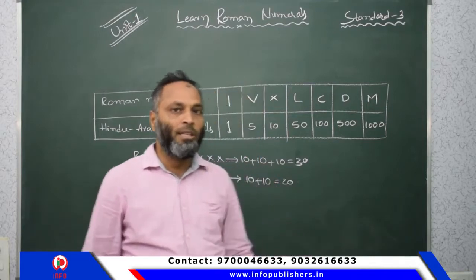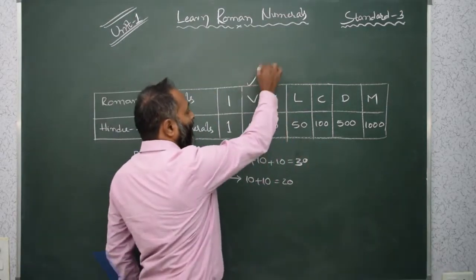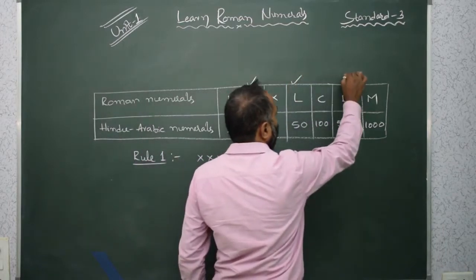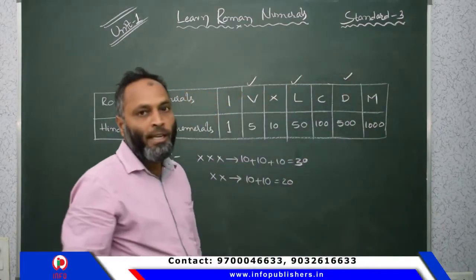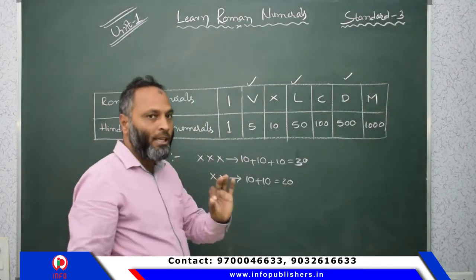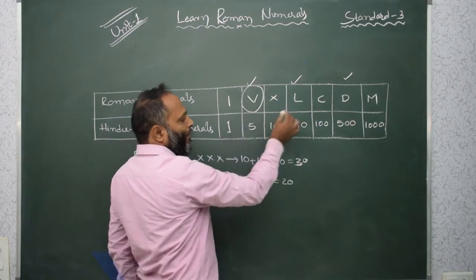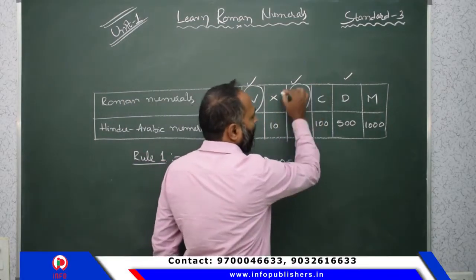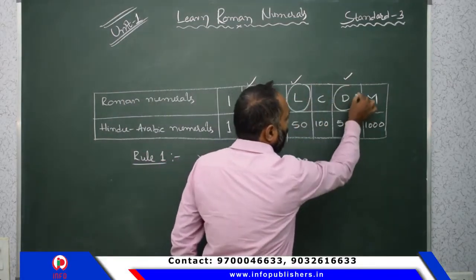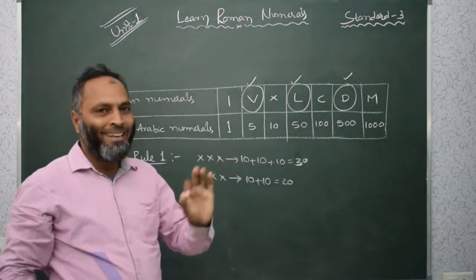This is the first rule. In this, V, L and D, these 3 letters never repeat. You have to remember: 5 means V, 50 means L, and 500 means D. These 3 Roman numerals never repeat.